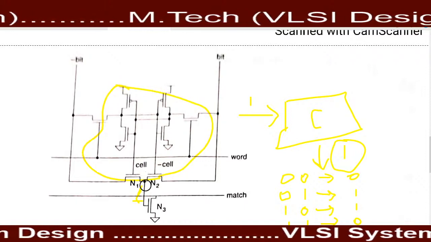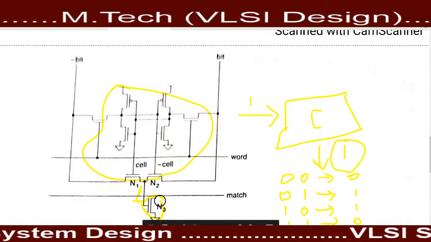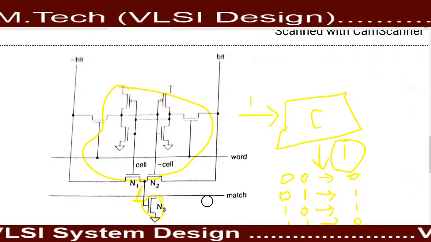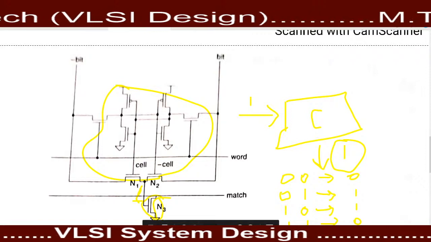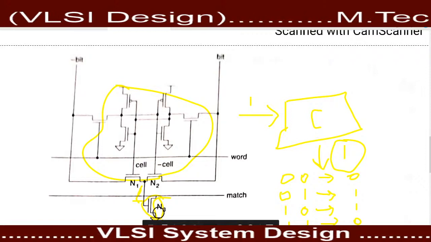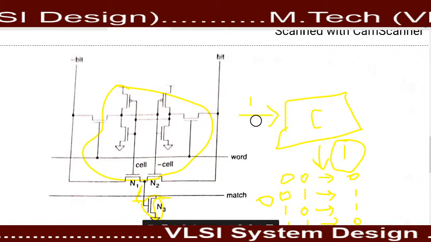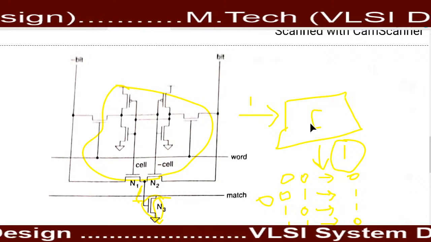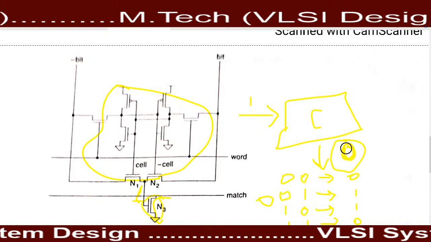When the output is 1, this N1 will be in the saturation region, so the match signal will be 0. This means that if the data provided to the CAM cell is not matched with the content already stored in the CAM cell, the match signal will be 0.